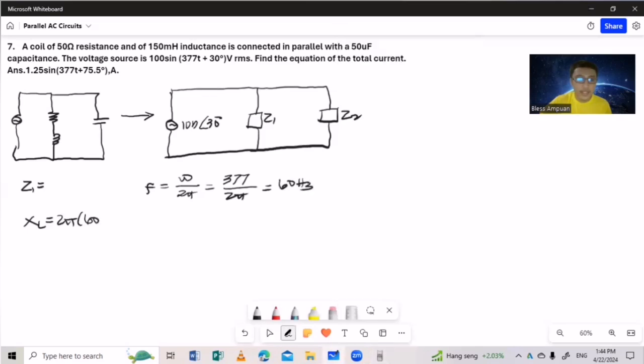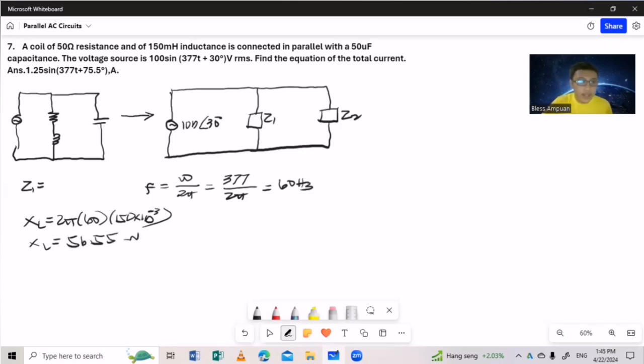Okay, so 2 pi times 60 hertz times 150 times 10 raised to negative 3. So our X sub L is equal to 56.55 ohms.